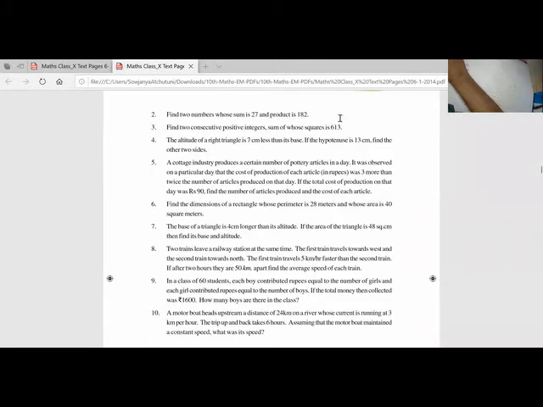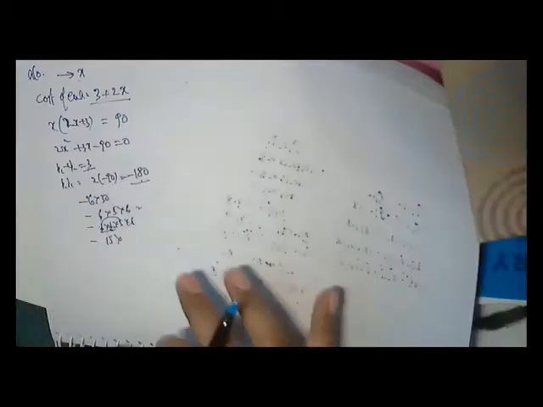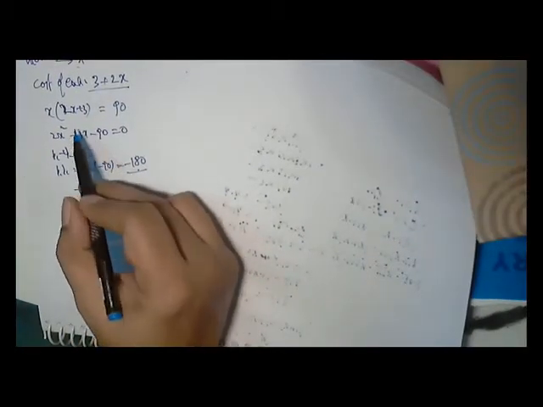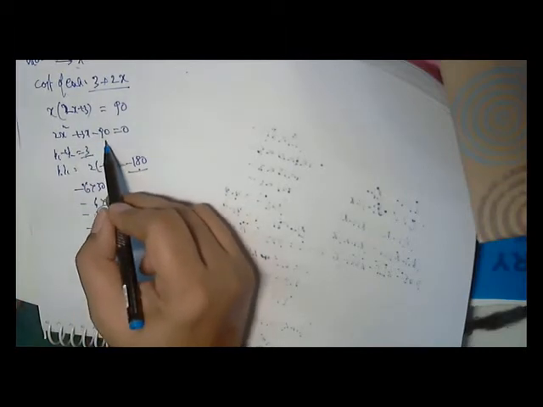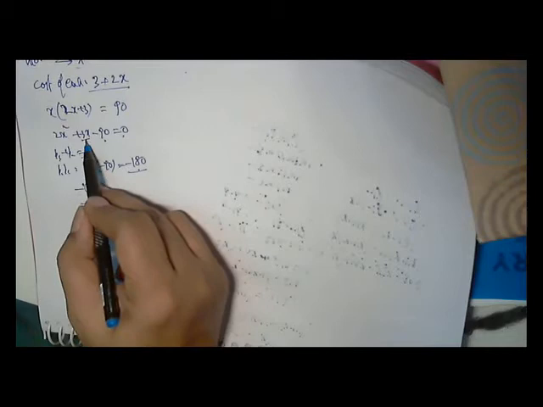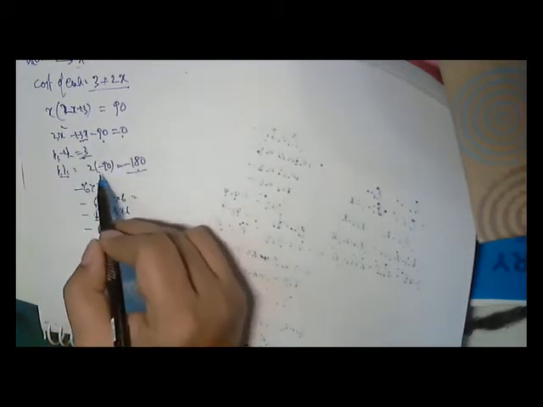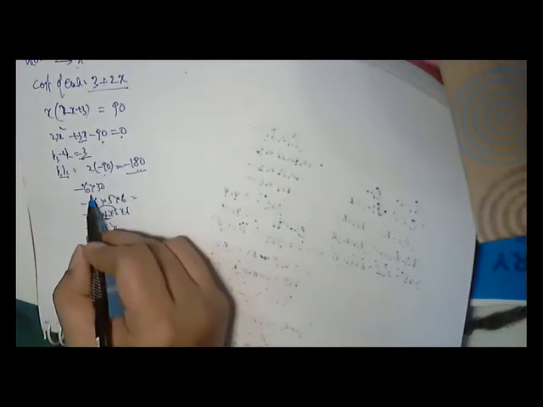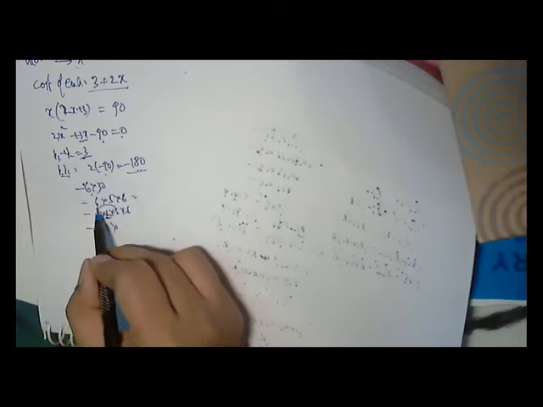Is it 90? Let me check again. The cost of production is 90. So 2x square plus 3x minus 90 is 0. So b1 plus b2 is 3 and b1 b2 is 2 into minus 90, minus 180. 6 30s are 180, 6 into 5 into 6.